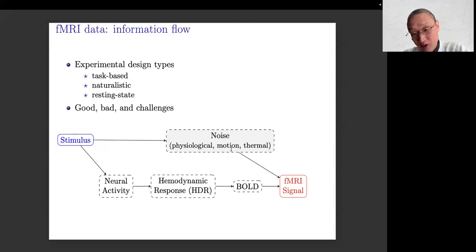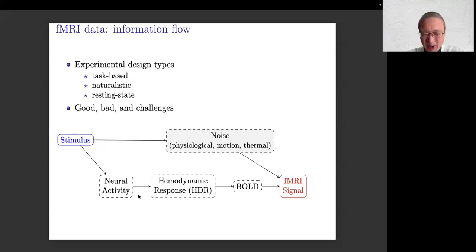How do we remove as much of the noise as possible? That's one challenge. The second challenge, even if we can take care of the noise, is bigger. We cannot be 100% sure to say something about neural activity. We hope the BOLD signal can say something, to some extent, about neural activity, but that extent currently is pretty weak, right?